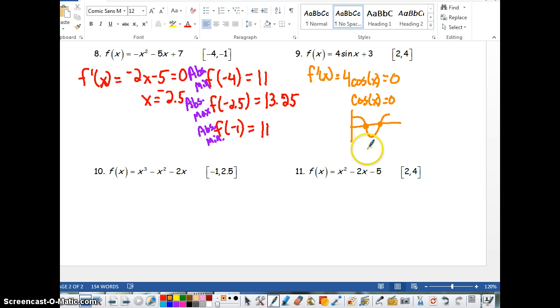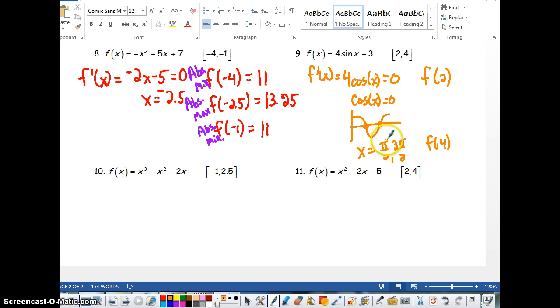Those two x values, x equals pi over 2 and 3 pi over 2, I need to decide, are they in my region? If they are, then I need to account for them. If they are not, then I do not. So I'm going to have my f of 2, my f of 4, and any other numbers that are between there.